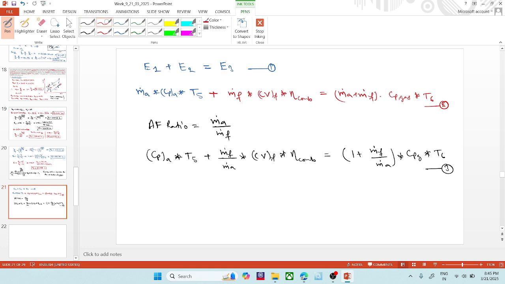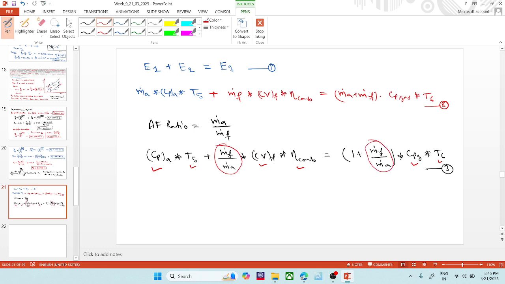So here in this problem, all the values are given. Cp of air is given, T5 we have just calculated, Cv of fuel is given, eta combustion is given, Cp gas is given, and T6 is also given. So now the unknown term is this.